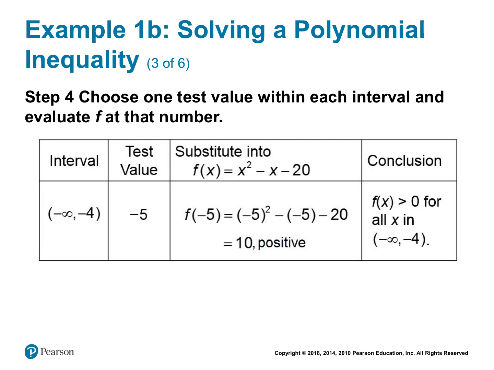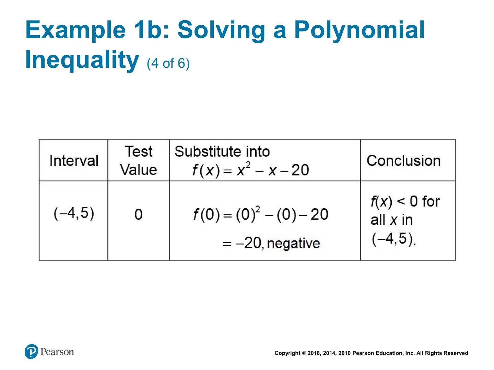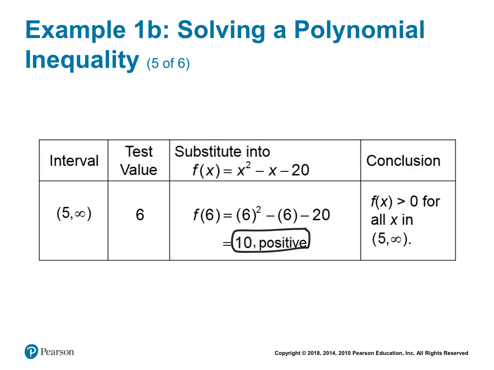Then in the first interval they found we have 10 is positive, so that's greater than 0 in that interval. When they tested the number 0, they got a negative number, so that's where it's less than 0. And this one they got a positive number, so that would be where it's greater than 0.